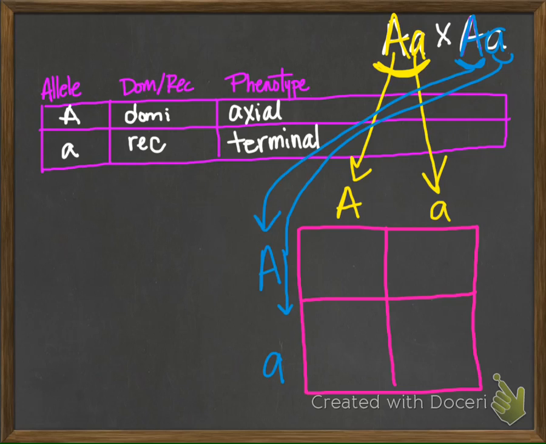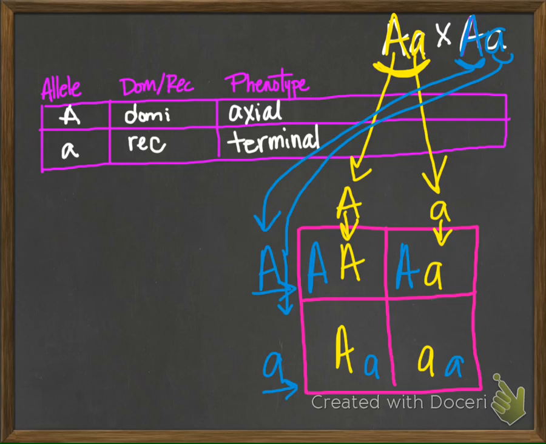So to be able to fill in the square, all you do is take these big A's across. That's this A going over here. Little a's will go across. And then this big A will come down, and this little a will come down. So you've finished your Punnett square.